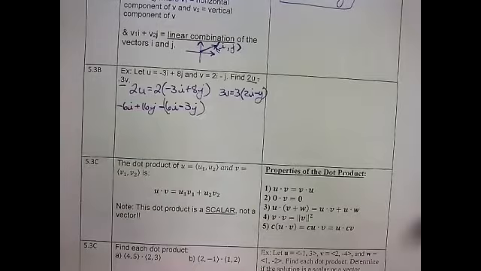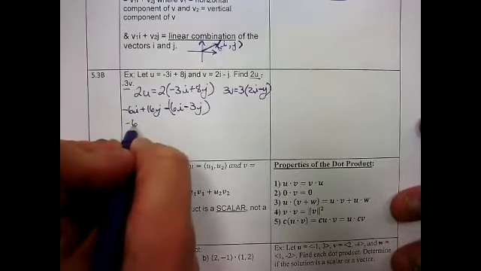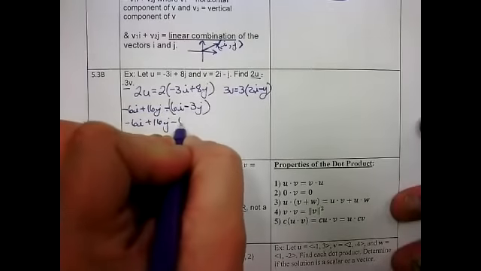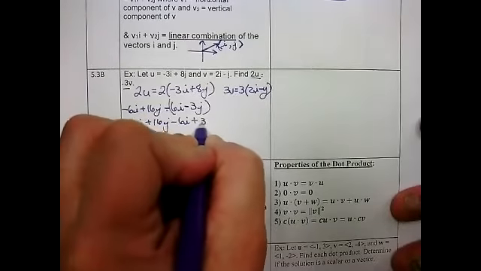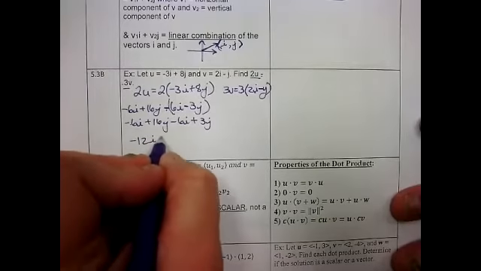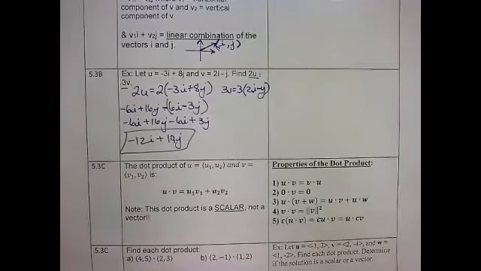All right, so now we're going to go ahead and combine these. I'm going to get -6i plus 16j. Notice I put the negative sign out here. I have to remember to distribute that. So that's going to be -12i plus 19j. Okay, so that's my final answer.